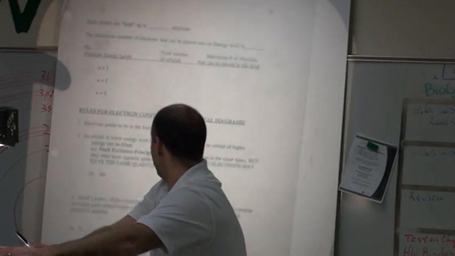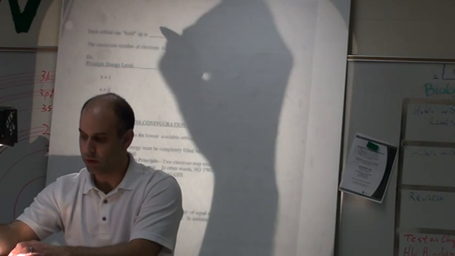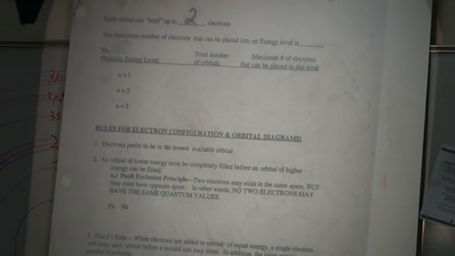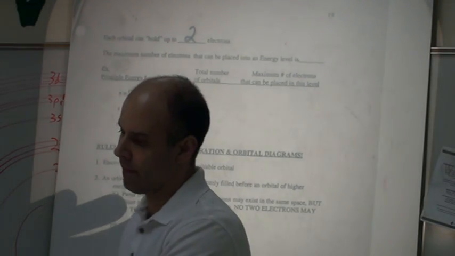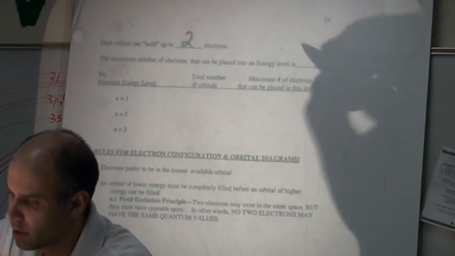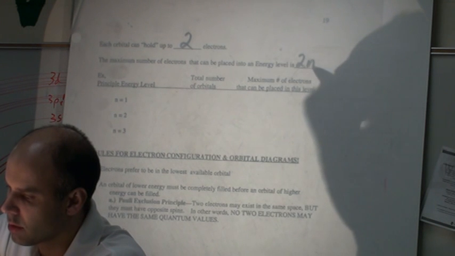Each orbital can hold 2 electrons. So if each orbital can hold 2 electrons, then the maximum number of electrons that can be placed into any energy level is 2n squared.